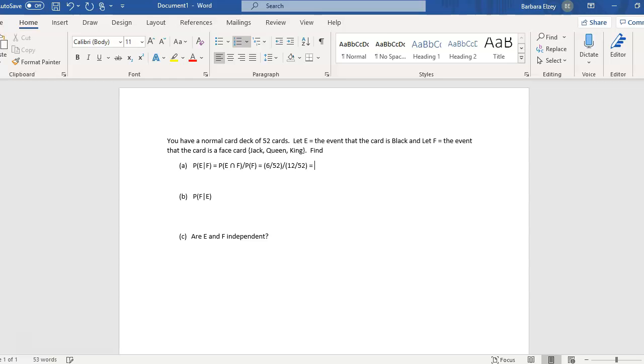Now, this fraction bar is division, and our rule for fraction division is to multiply by the reciprocal. So this becomes 52 over 12, and the 52s will cancel out, which gives us 6 over 12, or a probability of 1/2.